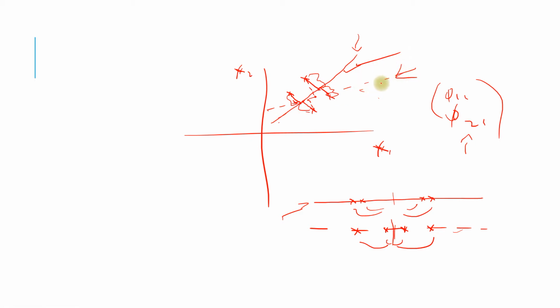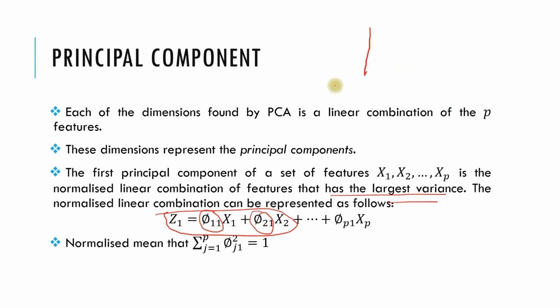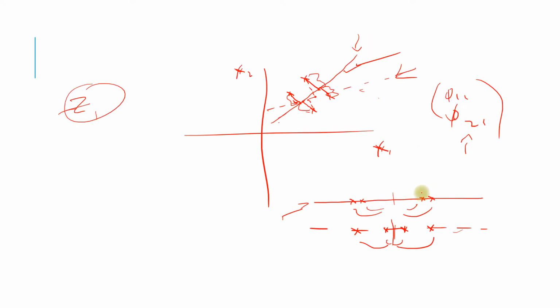So what did we come up with here? We've come up with a new variable z1 that is defined as a linear combination of your features that has the largest variance that I explained to you here. In other words, you can look at z1 as a new axis going through your data. Originally, you had your x1 and x2 like that. But now imagine that this z1 line becomes your new axis.